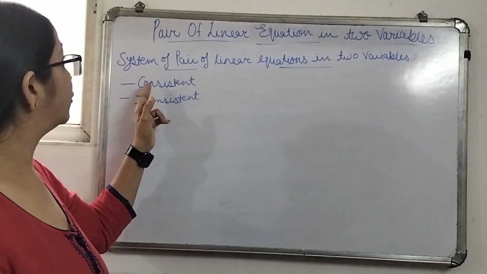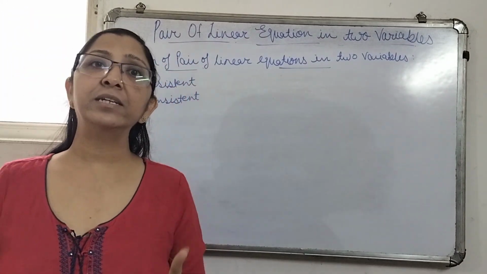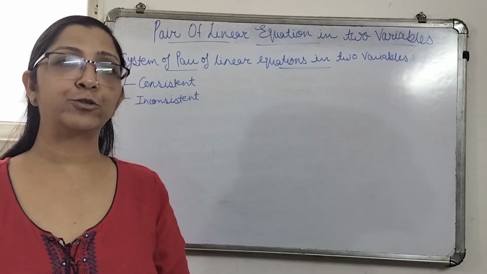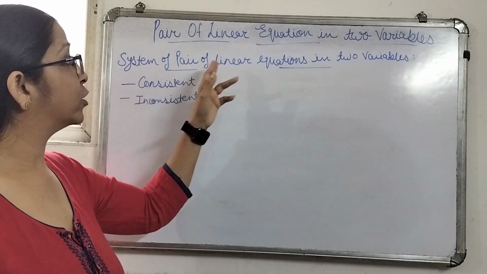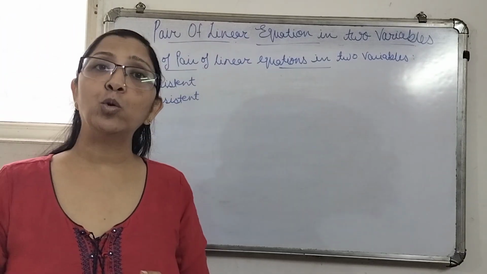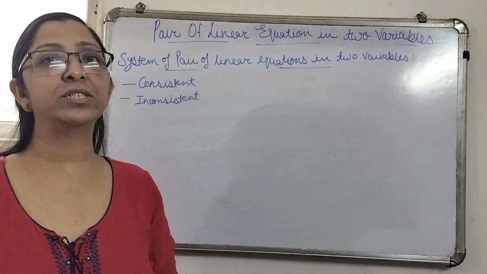So the system of a pair of linear equations will be consistent if it has either one solution or infinitely many solutions. And the system will be inconsistent if there is no value for which both the equations are satisfied.